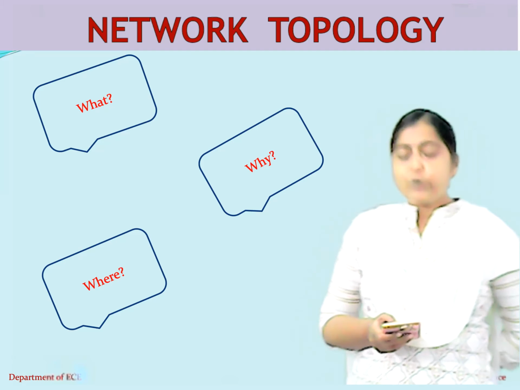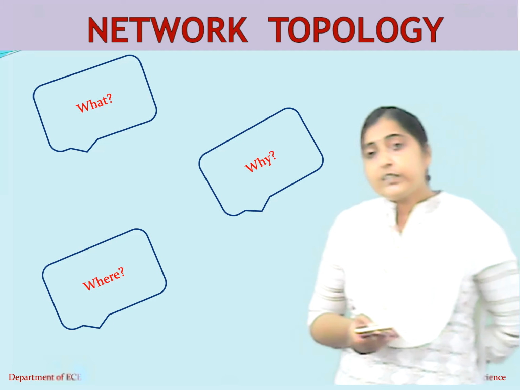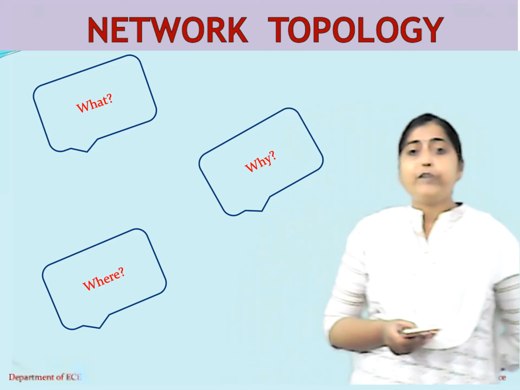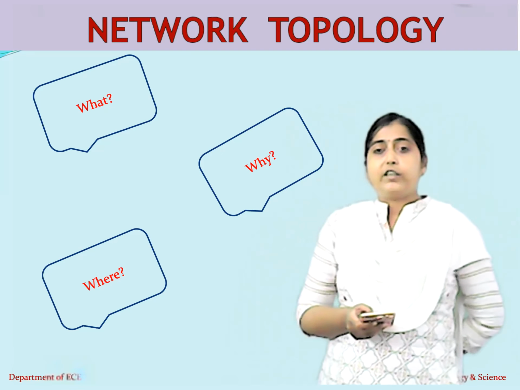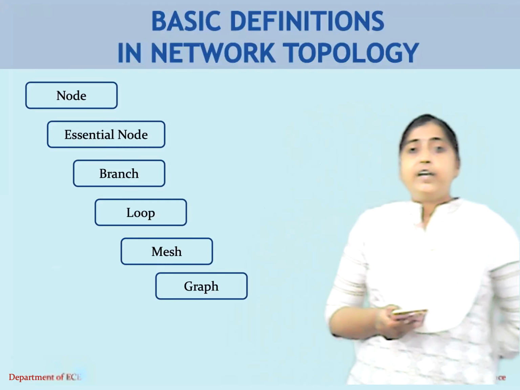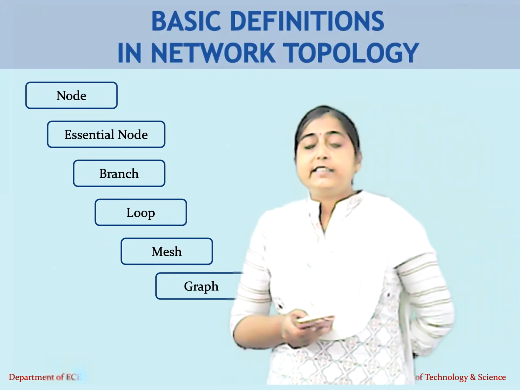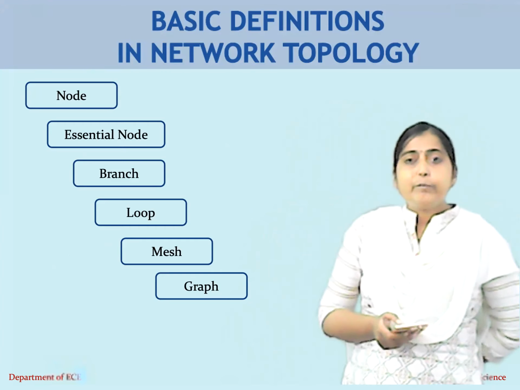As we proceed with the class, you yourself will understand how simple it is to solve a network with the help of the network topology concept. Now, the basic definitions in network topology are the same as what we have discussed in the basic concepts.